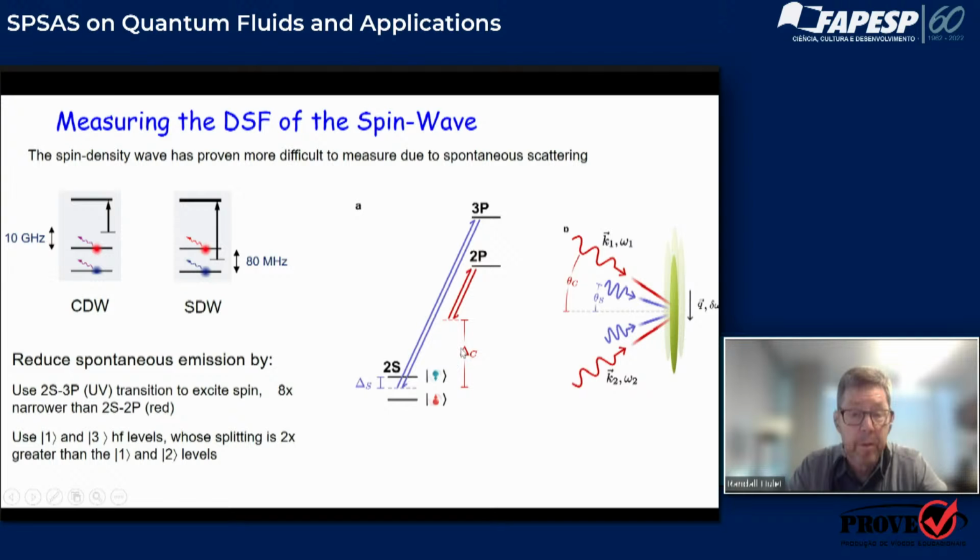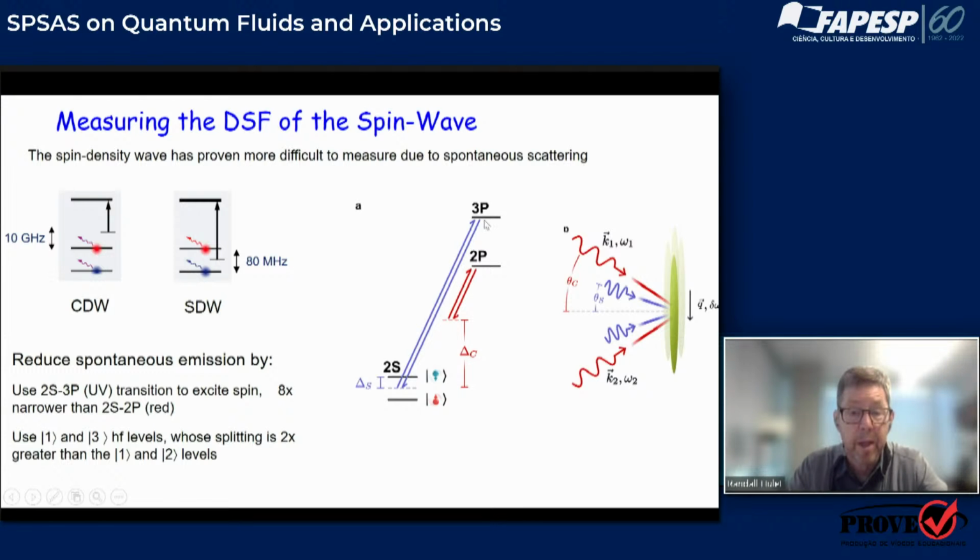The red transitions shown here are the usual 2S to 2P transitions that people use in lithium. This is at 670 nanometers, the red transition. What we had done several years ago was to use that 2p excited state as an intermediate state in this two-photon Bragg process. But what we realized is that there's another state, there's a whole sequence of them.